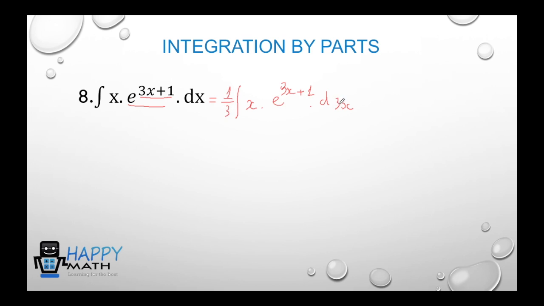And then you change from d of 3x to d of 3x plus 1. It means you have to plus 1 in this position. And now it is very easy to take the e power of 3x plus 1 function to the inside of dx.